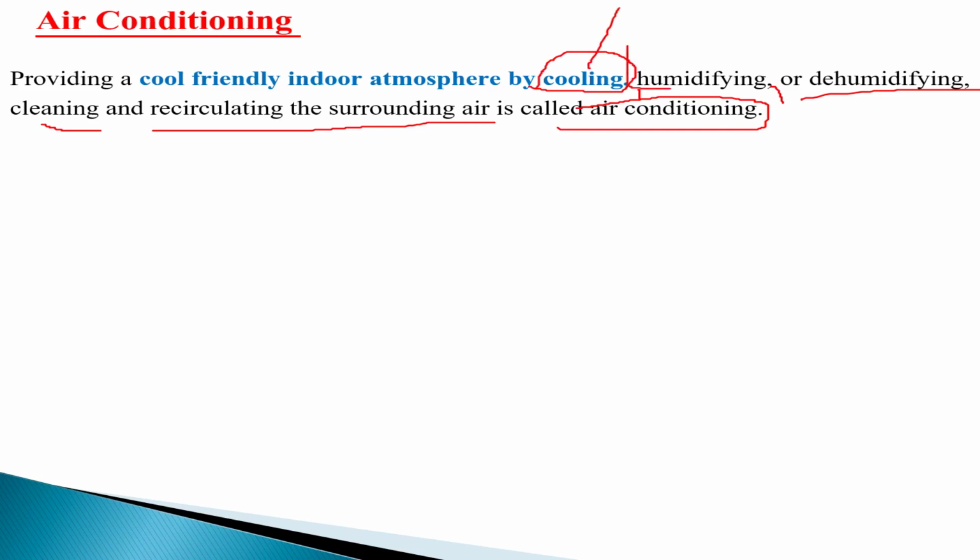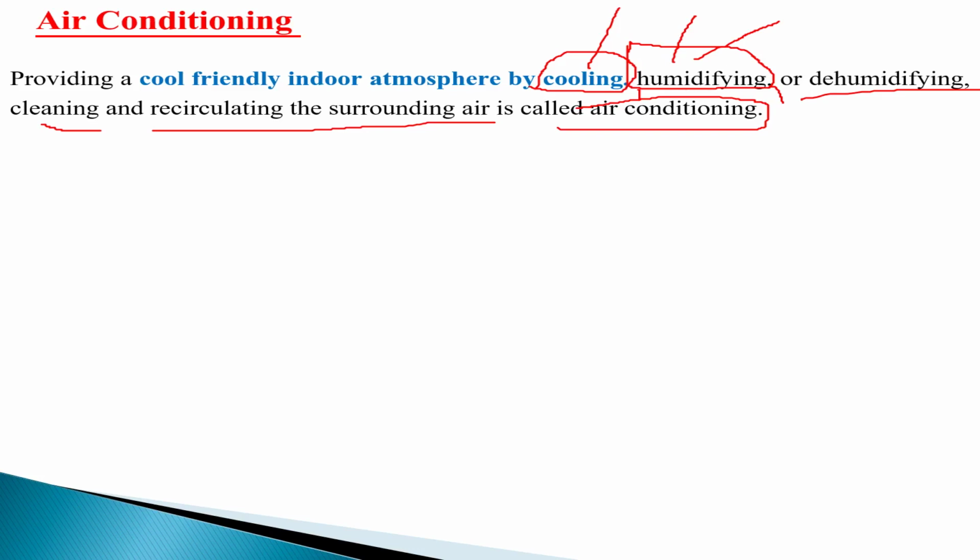Number two, for our comfort levels, it requires a definite range of humidity. If the humidity is less, we feel discomfort. If the humidity is more, then also we feel discomfort. So what is humidity? Humidity is the moisture content available in the air. The air in the atmosphere absorbs moisture; moisture is dissolved in the air.